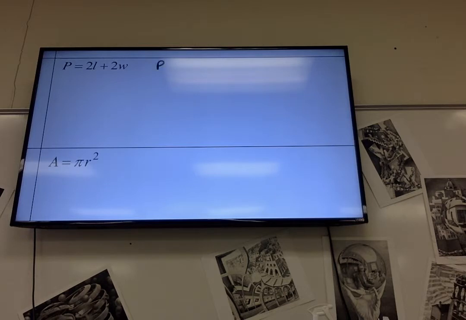Perimeter. Of what? A square. A rectangle. Rectangle. Where is that a rectangle? Rectangle. I love it. She's getting excited. A rectangle is a square. I don't remember, but what is a square? It's not a rectangle, which is odd. A square is a rectangle. A rectangle is not necessarily a square.